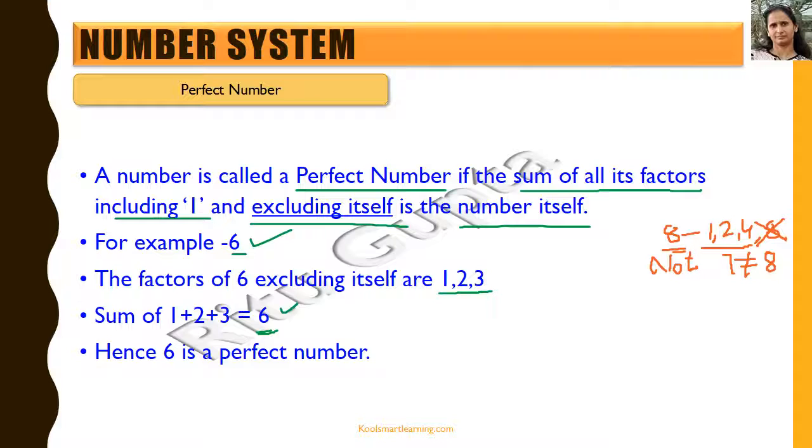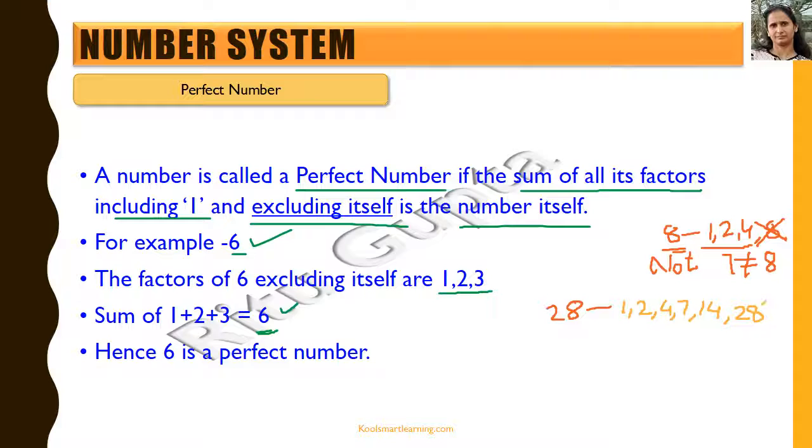So we take another example. Let's take the number 28 now. And now we write down all the factors of this number 28. We have 1, 2, 4, 7, 14 and 28.